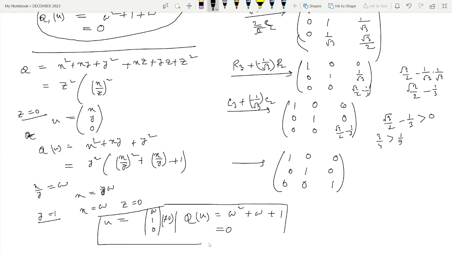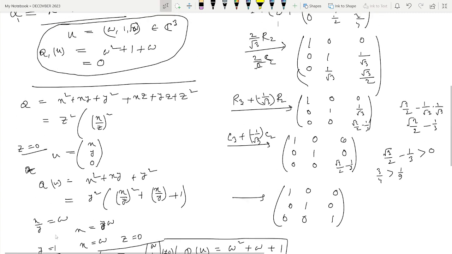So for the third option, we don't need to look at the congruent form of Q. Just taking z coordinate as 0, we have simplified Q, and then we can choose x, y as we need. So in this way, we can find some u belongs to C3 not equal to 0 such that Q equal to 0. So option 3 is correct in this way.